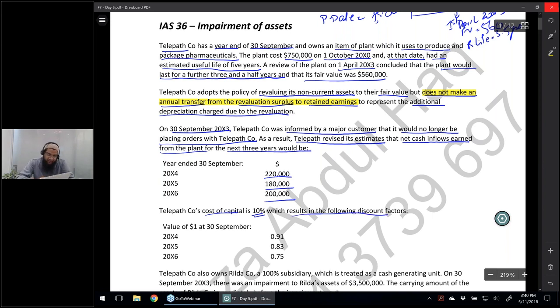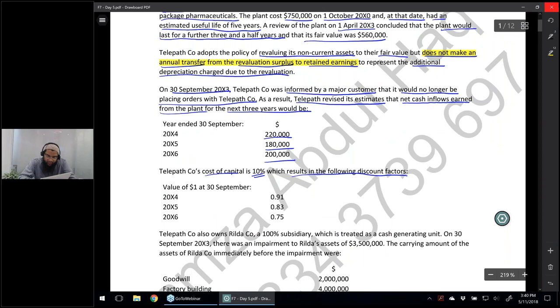So these are the discount factors. If we want to calculate the value in use, we're going to multiply by 0.91, 0.83, and 0.75.